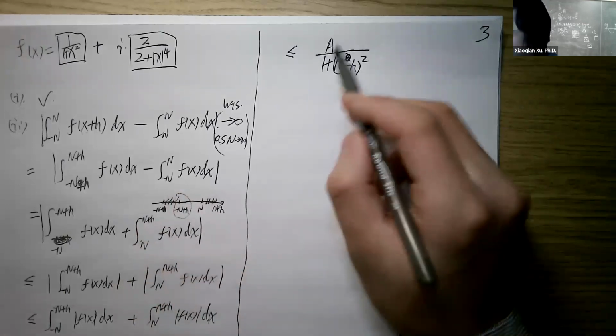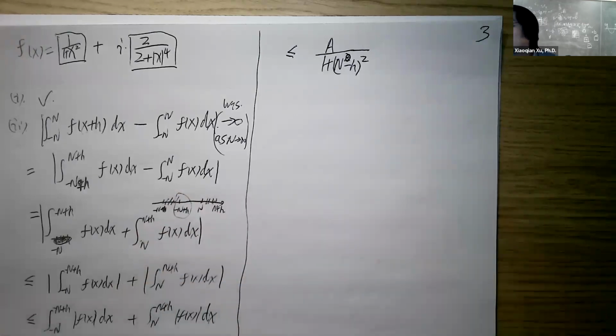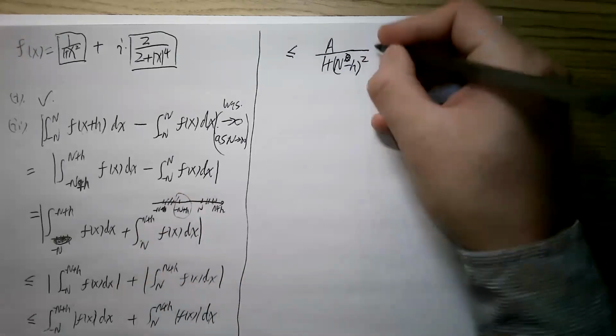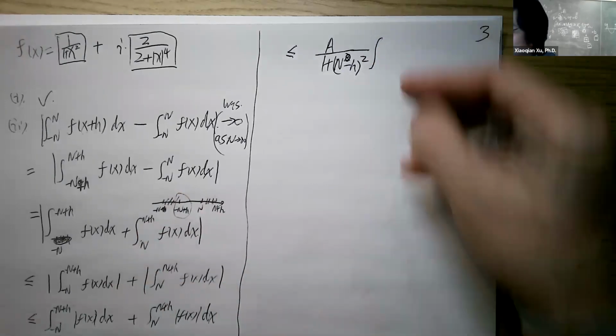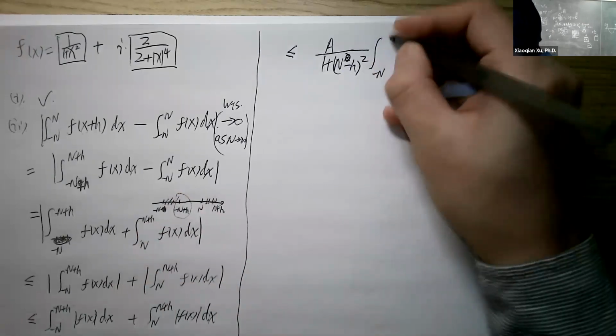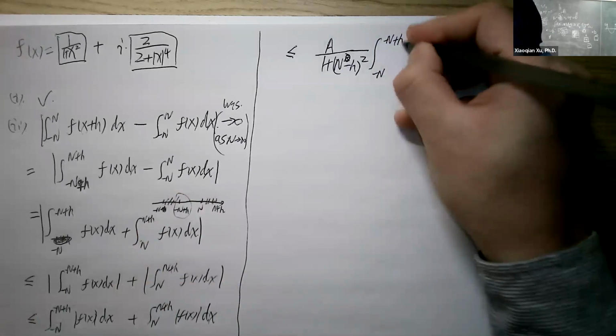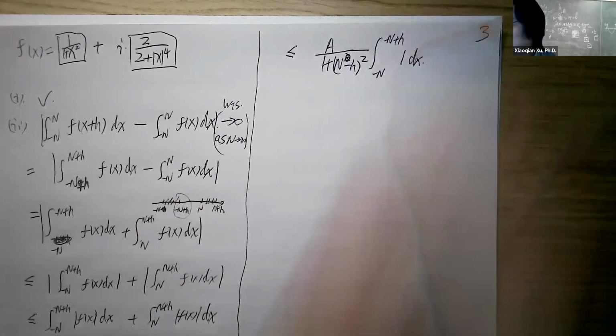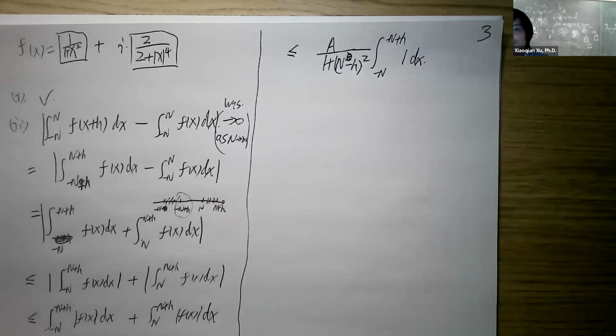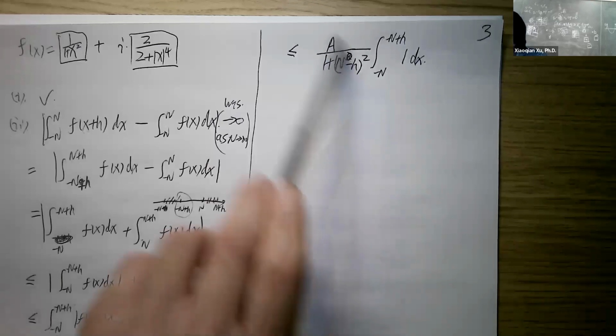So it's less or equal than A over 1 plus (n minus h) squared, multiplied by small h because it's integration, that is, multiplied by the integral from minus n to minus n plus h of 1 dx. Okay, so your f(x) is less or equal than this number.